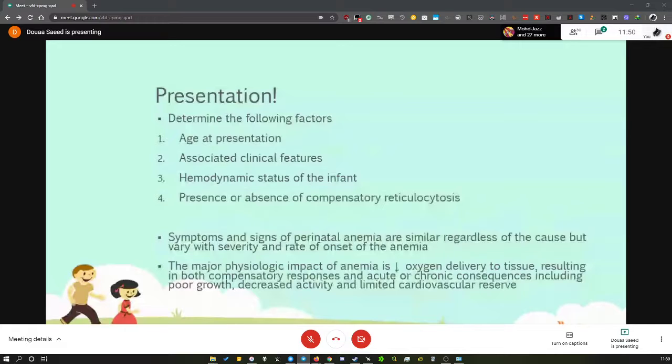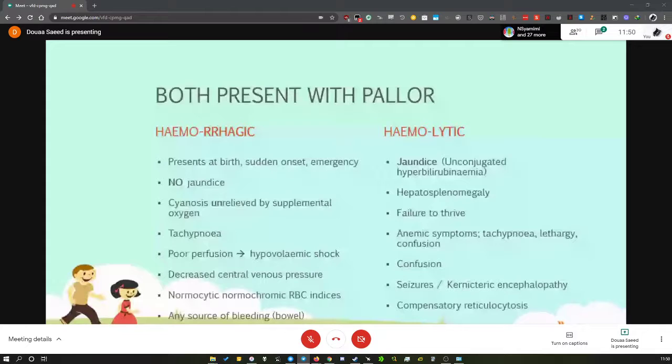So we'll go on to each type of anemia, hemorrhagic and hemolytic. Comparing the first two, remember, both of them will present with pallor. Hemorrhagic presents at birth, can be a sudden onset, and there is no jaundice, but there can be in hemolytic. In hemolytic, there will be jaundice because of the unconjugated hyperbilirubinemia.